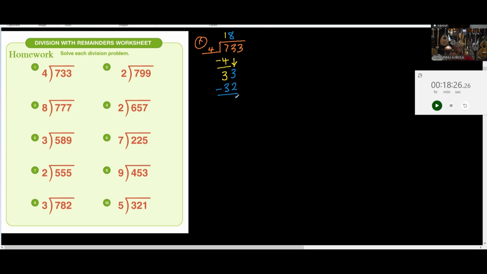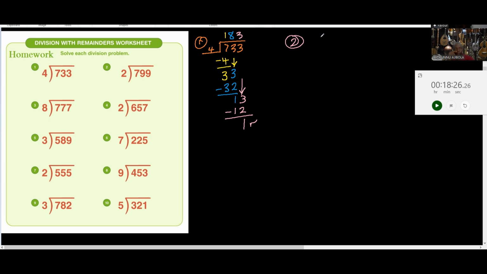What do you have left? 1. Then you bring down the last digit, which is what? 3. How many 4 in 13? 3, which is 3 times 4, 12. Then you have remainder 1. Is this clear? Yeah. Okay.